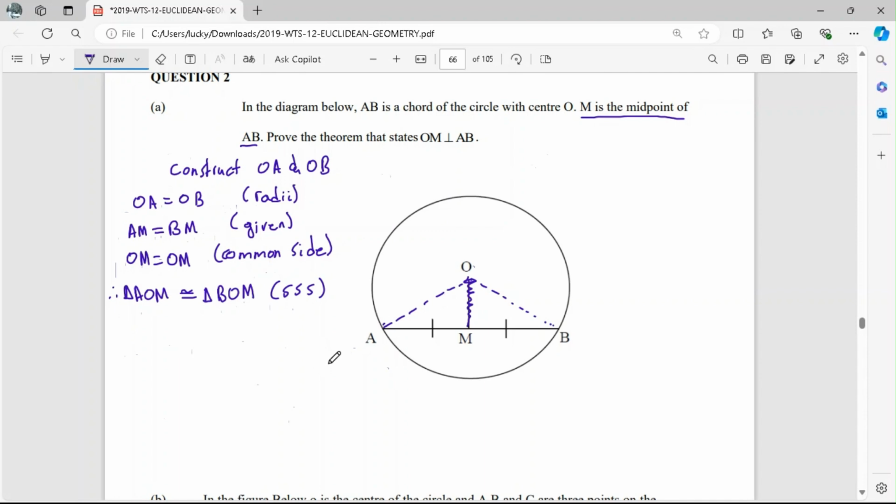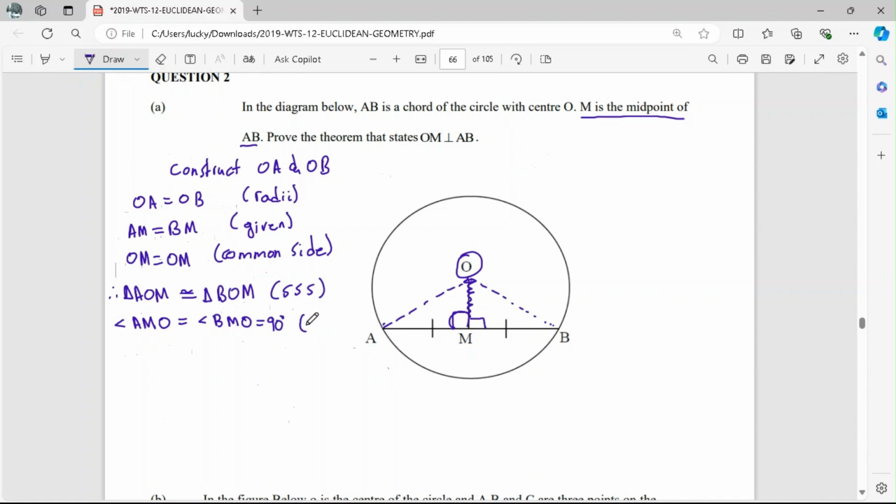You now need to remember very well that because O is the center and OM is a line drawn from the center that bisects the chord AB, one can then state from the converse of the theorem that angle AMO, which is this angle here, is the same as angle BMO, which is that angle there, and they are both equal to 90 degrees.